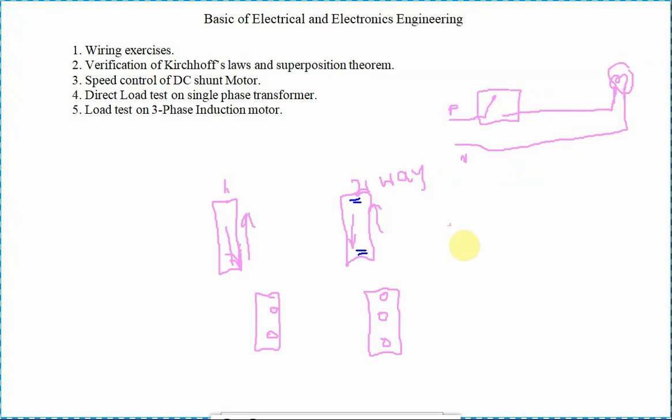Now I want to go into some practical depth. See here, this is the phase line and this is the neutral line. I will take this one-way switch. On the backside, there are two holes. This is the lamp I want to draw.